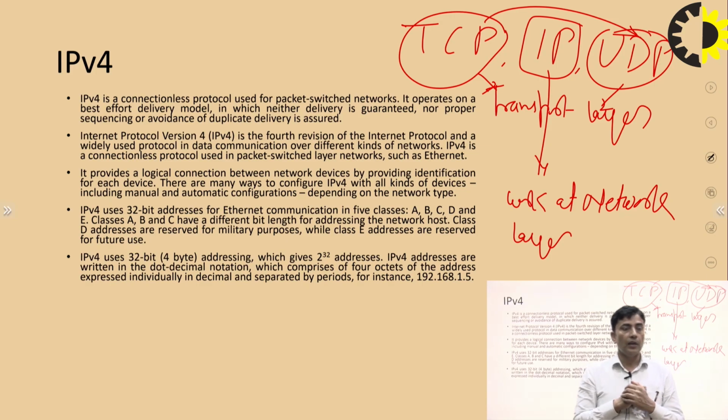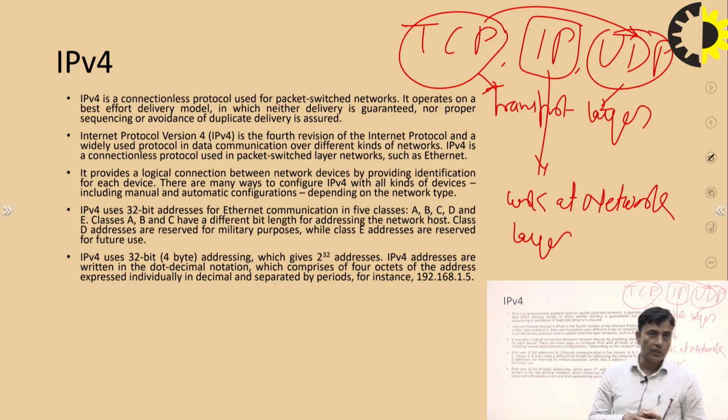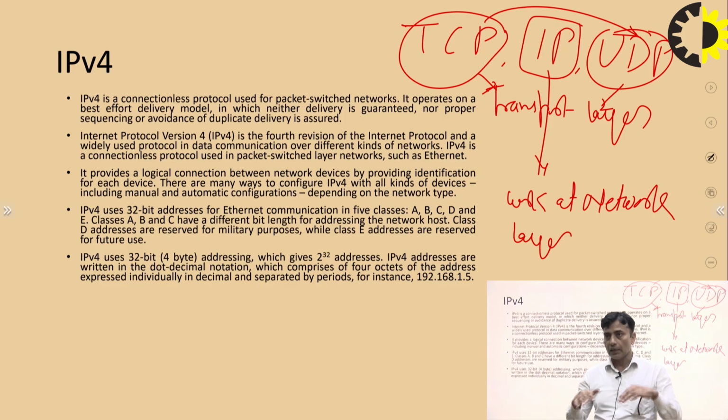Similarly, whenever the network layer attaches its header, that header is the IPv4 header, or if it is using the IPv6 version, that is the IPv6 header. That header contains different kinds of information: how this data is treated, how it is controlled at that layer.